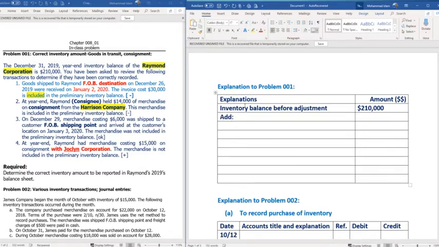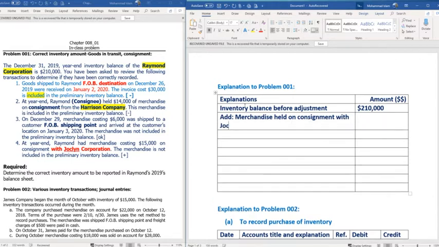Add which one? Add number 4. So add the merchandise held on consignment with Jacqueline Corporation. How much is that? That is 15,000.